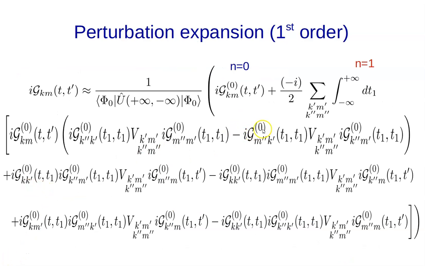Okay, so if we do this expansion, of course the n equals 0 term has no interaction. This is precisely the non-interacting Green's function, the non-interacting case that we defined before. And let's look at the n equals 1 term. Okay, so here I'll have this minus i. Notice here, let me go back a bit.